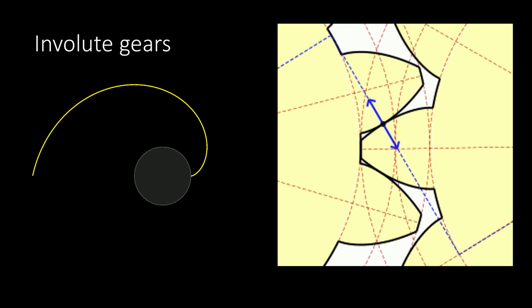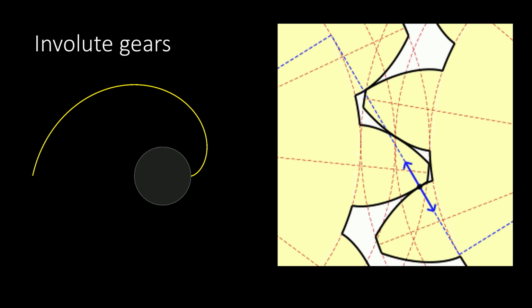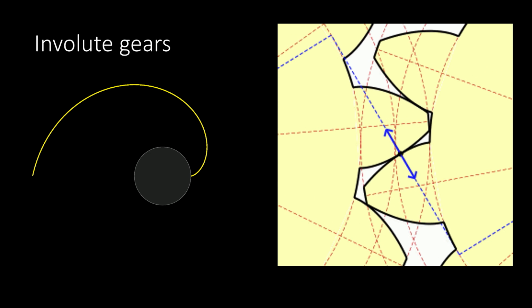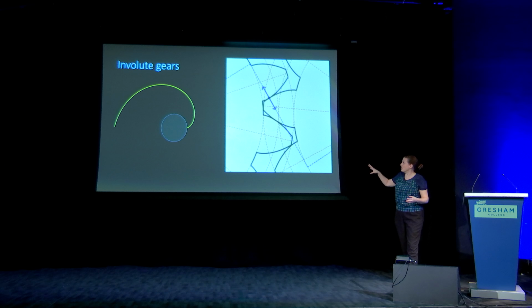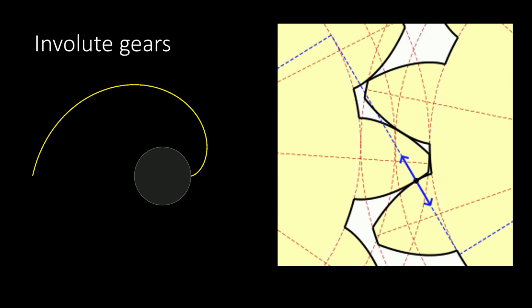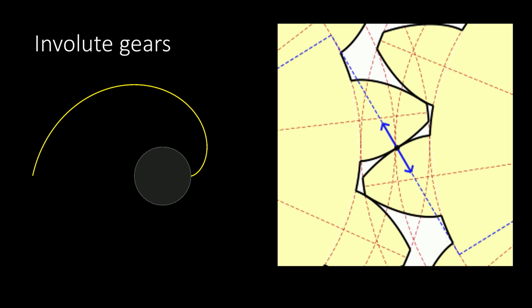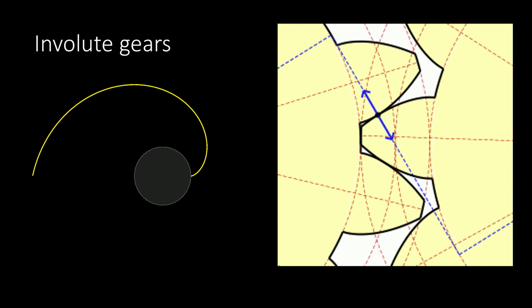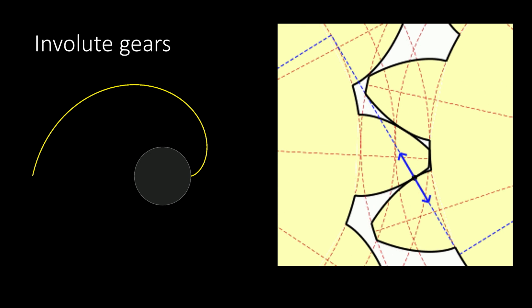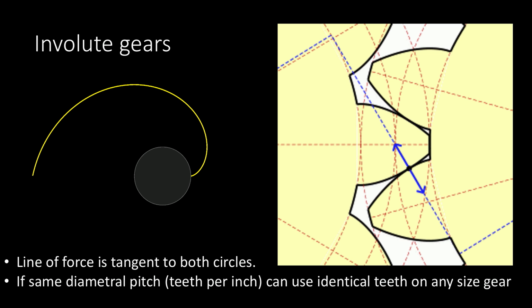Another brilliant advantage of circle involutes in this context, and they used to use cycloid profiles actually, but involutes are better for most applications because of a practical reason. It turns out that as long as you keep the same diametral pitch, which is the number of teeth per inch on the gear, then you can use identical teeth on any size gear.